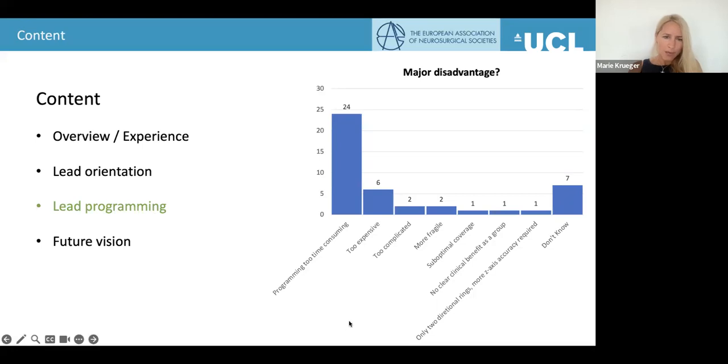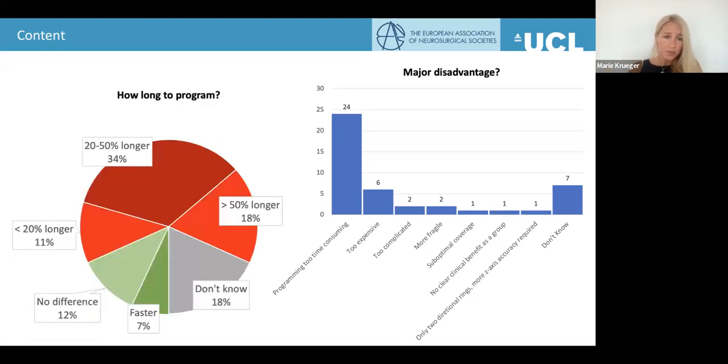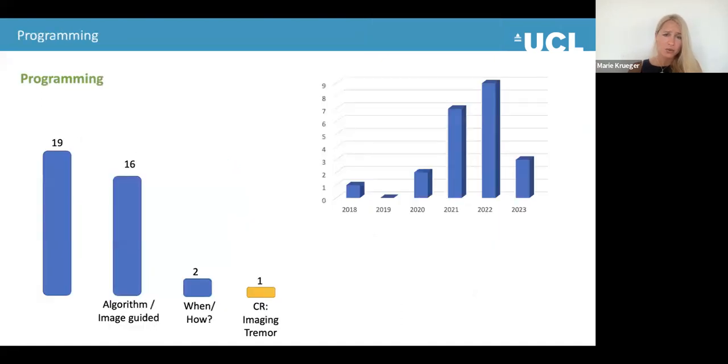Looking at lead programming, and I'll come back to this question and answer, the programming time, which is too time consuming, and quite severely so. One answer is to use directionality. And if we look at the number of papers, there are 19 that are dealing with this whole question of programming electrodes.